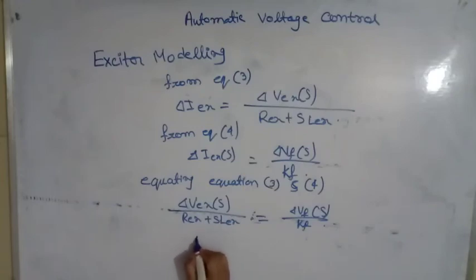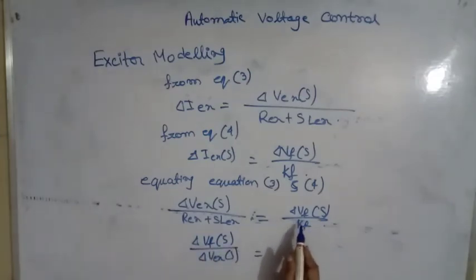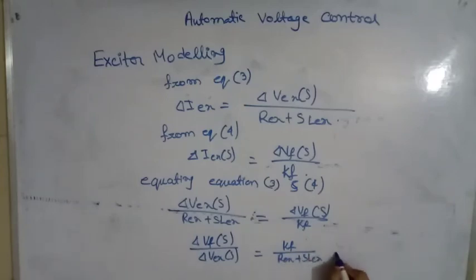Now delta Vf(S) by delta Vex equals Kf by Rex plus S Lex. If we take Rex common, this becomes (Kf by Rex) by (1 plus S Lex by Rex).